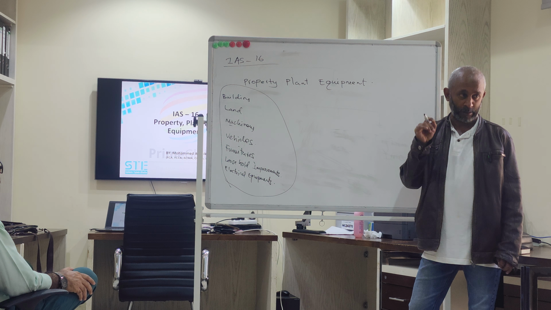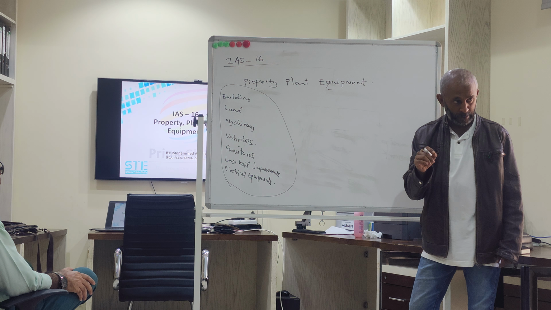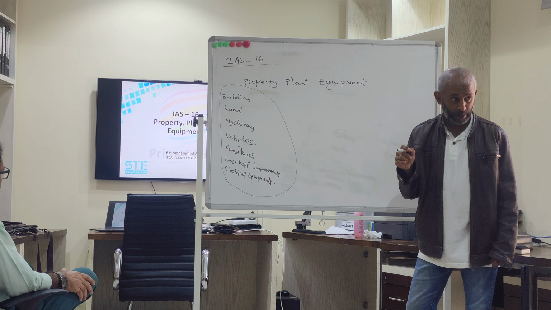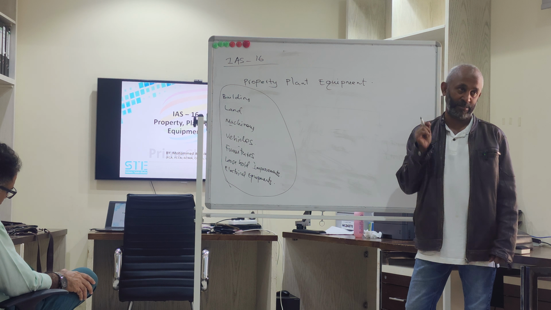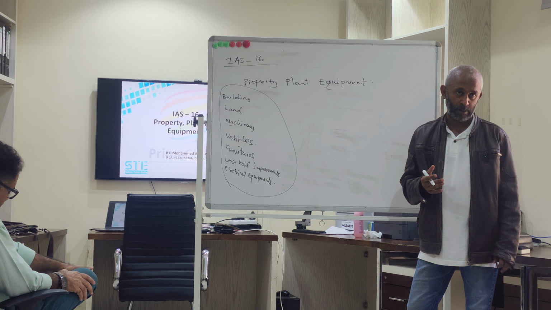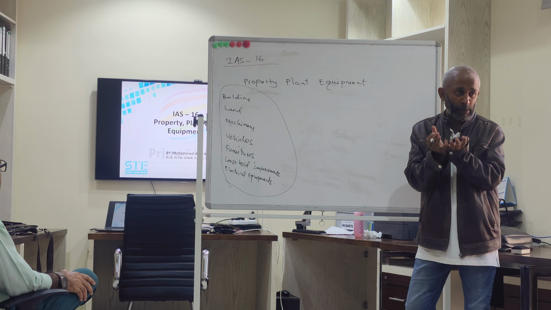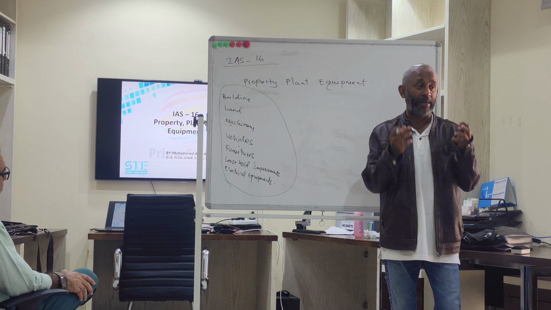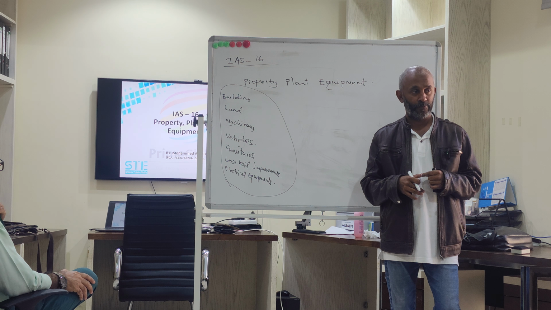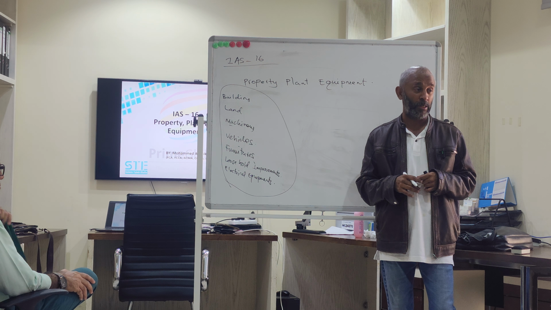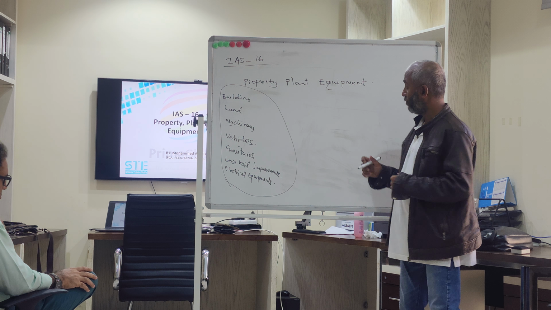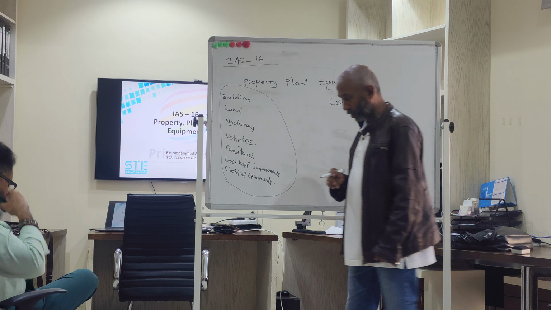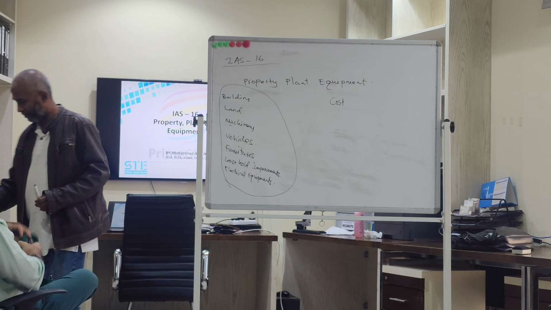All those expenses incurred for the purpose of bringing that asset to its intended location and workable condition. Whatever you incur, you have to club all these together into one pot, accumulate, and find out what is the total. That will be known as your total amount that you incur. So we talk about the cost of the property, plant and equipment.